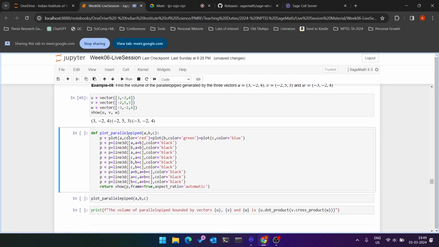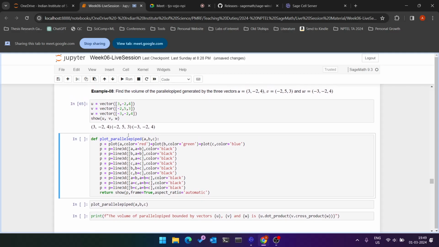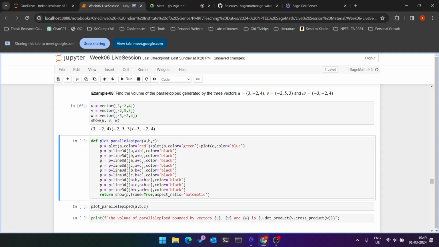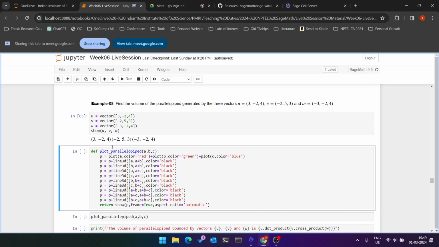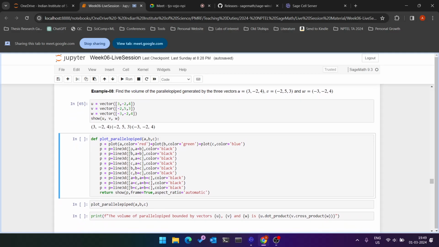next I am defining a function called plot parallelepiped with three input vectors A, B, and C. First, I'm creating a plot object for the three vectors A, B, and C in three different colors, red, green, and blue. Next, I'm adding different lines or edges of the parallelepiped.